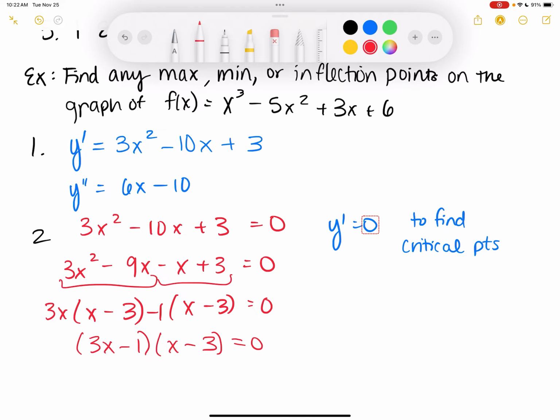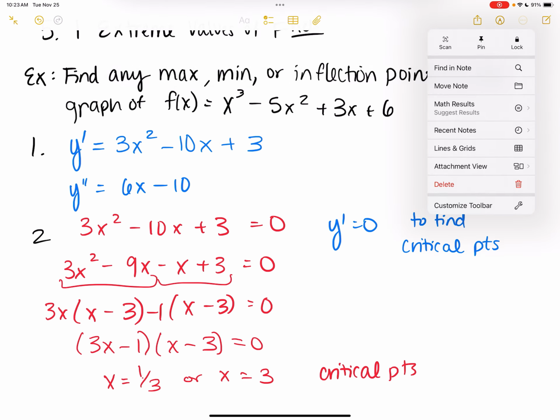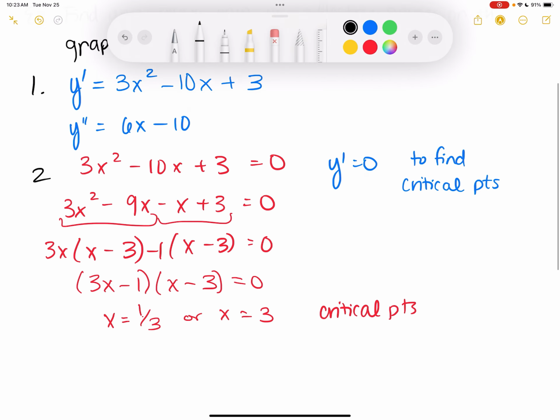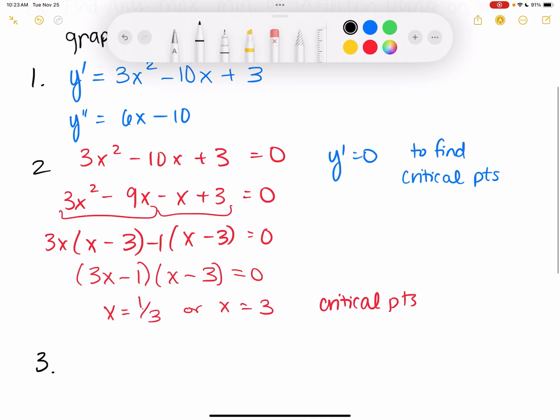So if we set each piece equal to 0, I would get that x is equal to 1/3 or x is equal to 3. So these are my critical points. Then step 3 says, let C be a number for which y prime is equal to 0.